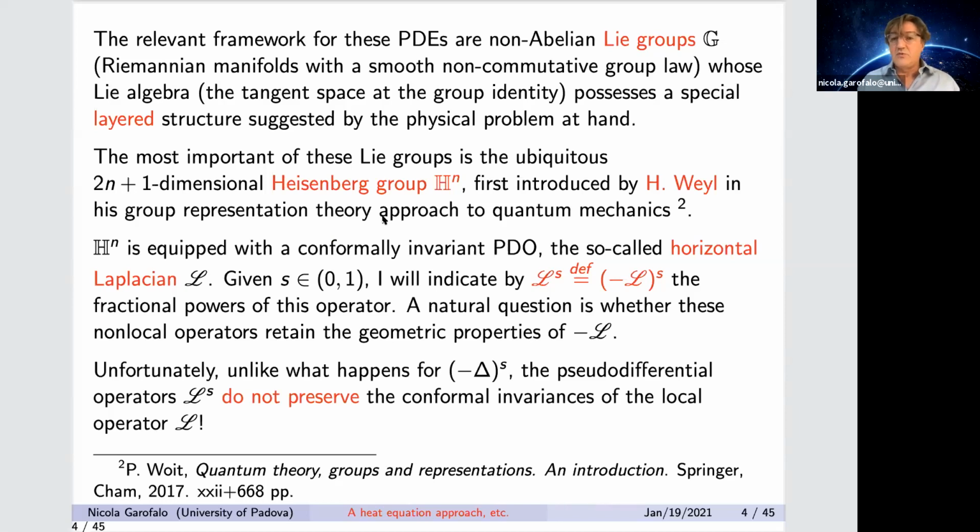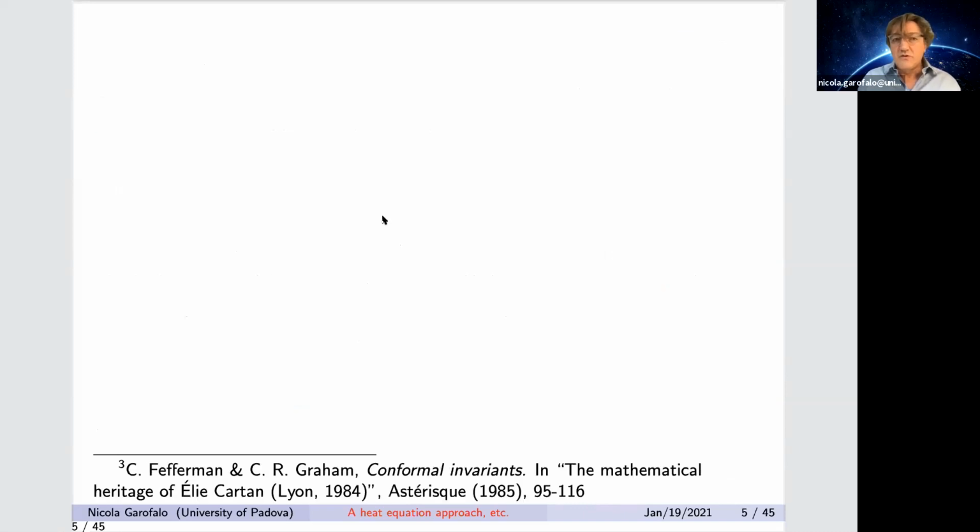It's a natural question to ask whether the fractional powers of this important operator retain the same geometric properties that L, the horizontal Laplacian, does. And unfortunately, unlike what happens for the fractional powers of the standard Laplacian, this pseudo-differential operator does not preserve the conformal invariances of the local operator. So one has to look for something else.